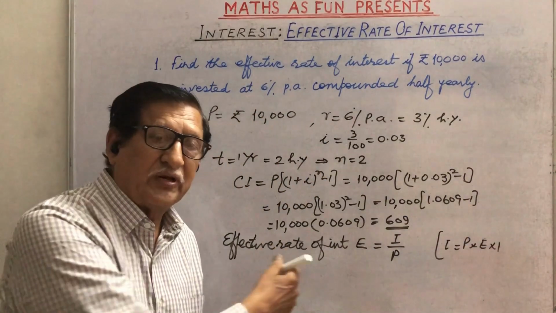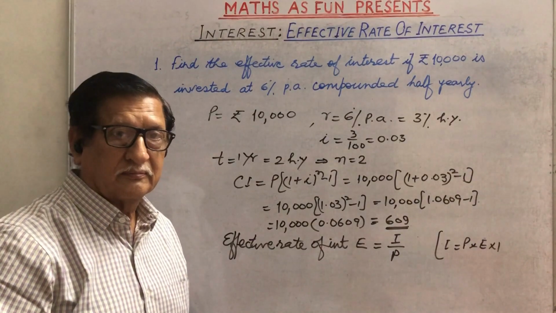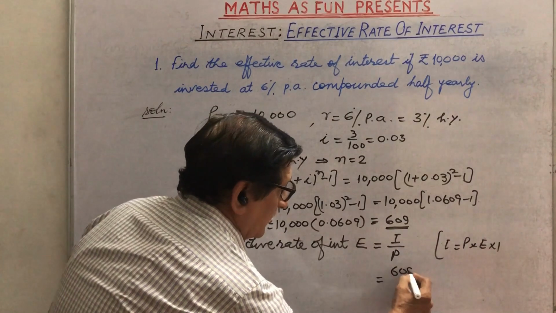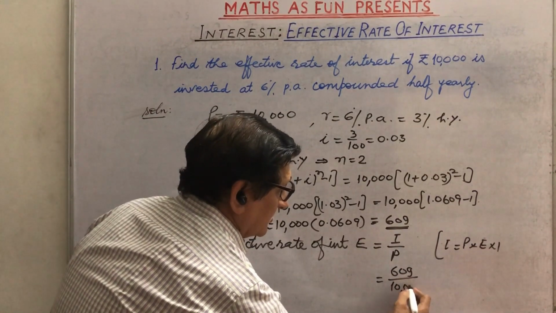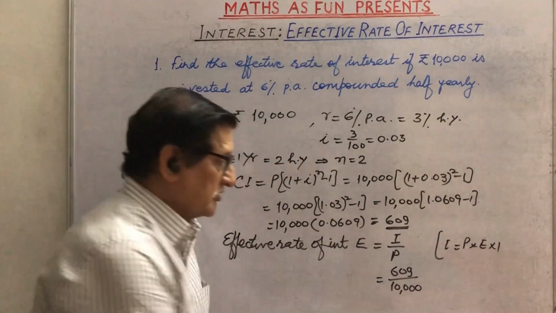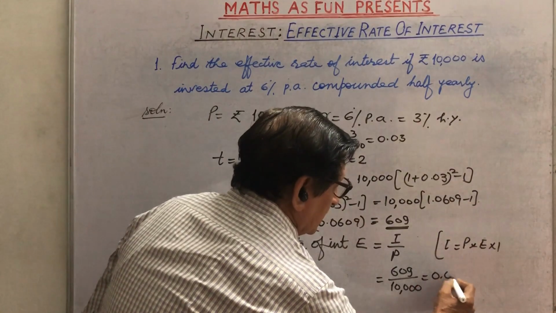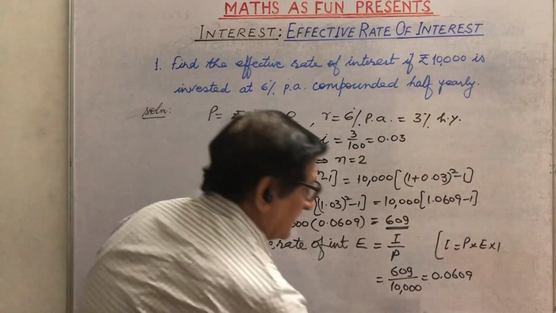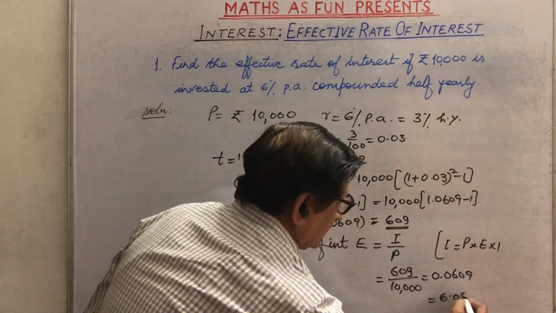We are calculating for 1 year. This will be equal to 609 upon 10,000. Is it coming as 0.0609? In percentage, if you want, this will be 6.09% per annum.